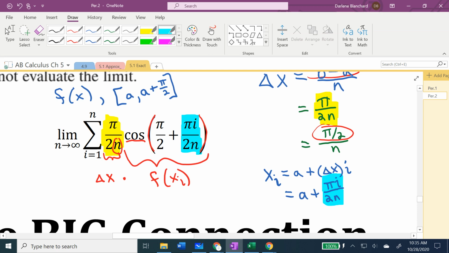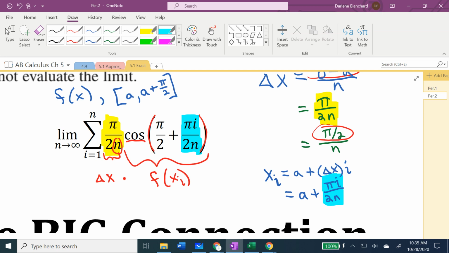Now, for the thing that's going to make you super happy, you have a choice. You get to choose a. And I want you to know that if all else fails, you can choose to make a be equal to 0. And it'll be decent to work with no matter what the problem is. But you're also looking for something that it looks like they're trying to point you towards, something directly added to the pi i over 2n.